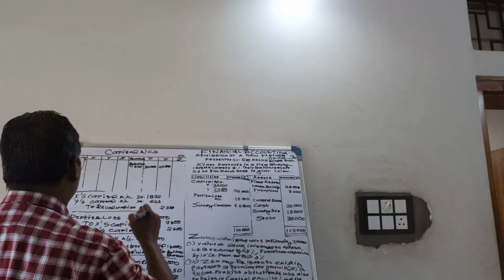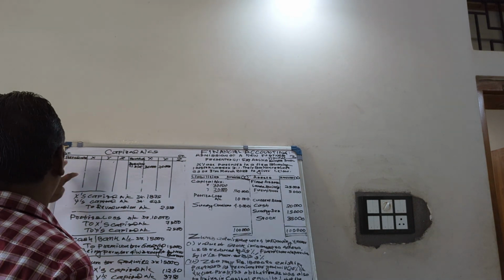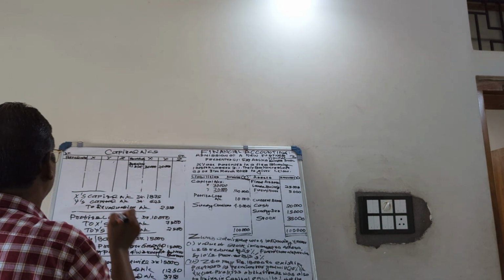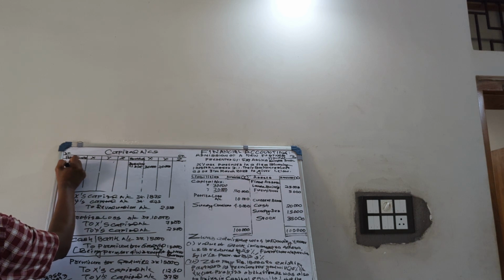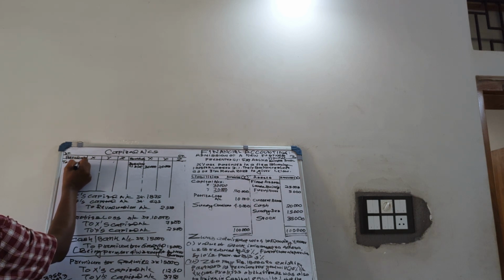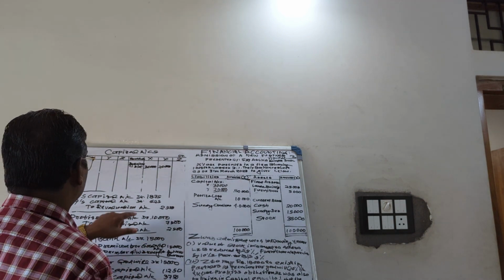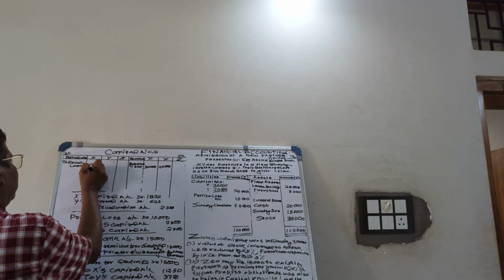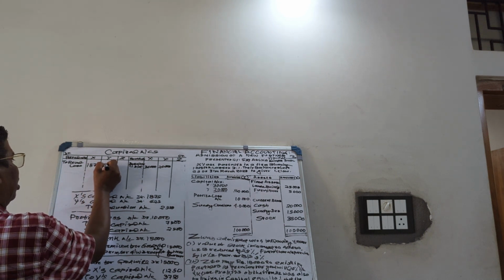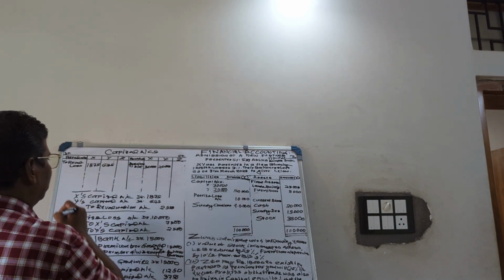Then second, we will post the loss on revaluation. X account debited, Y account debited, to revaluation account. So we'll write on the debit side, to revaluation account, that is loss. X will be 1,875 and Y will be 625 on loss on revaluation.